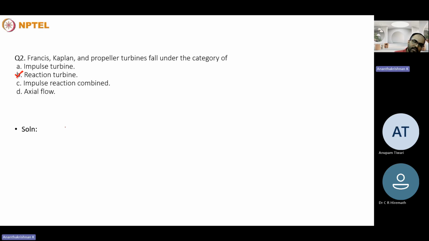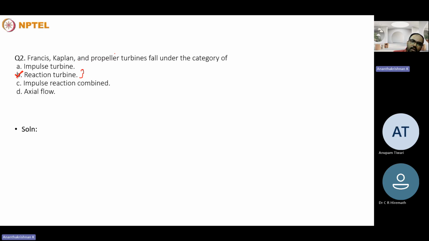As the fluid passes through the turbine, it expands and the pressure decreases, causing the turbine blade to rotate. So the Francis, Kaplan, and propeller turbines fall under the category of reaction turbine. The differentiation between these turbines is based on how the fluid exits a turbine, whether it flows in axial or in radial direction.